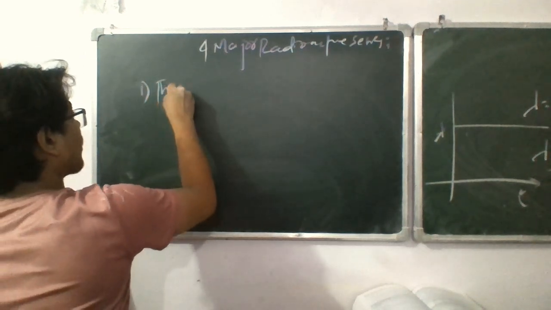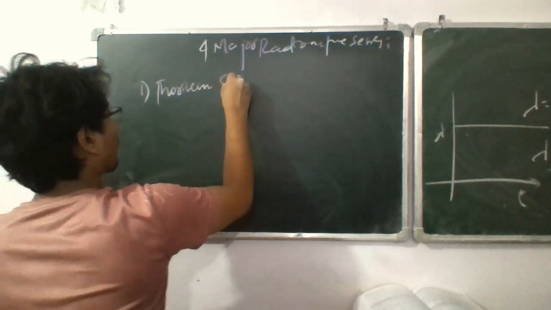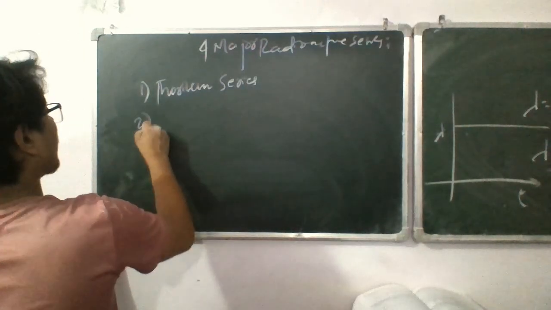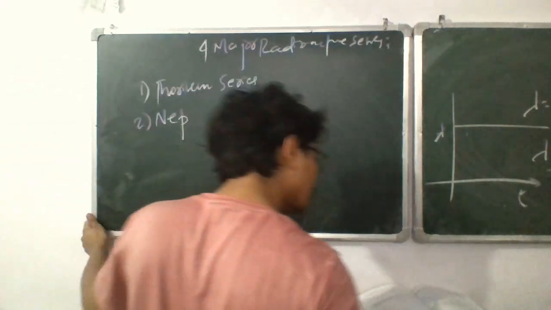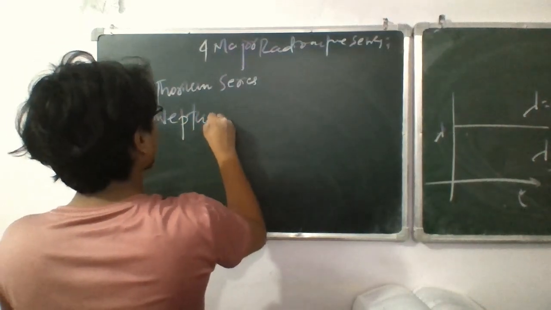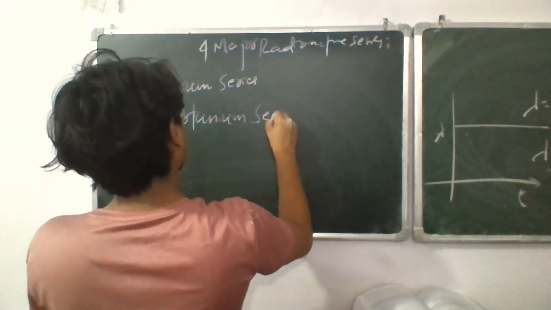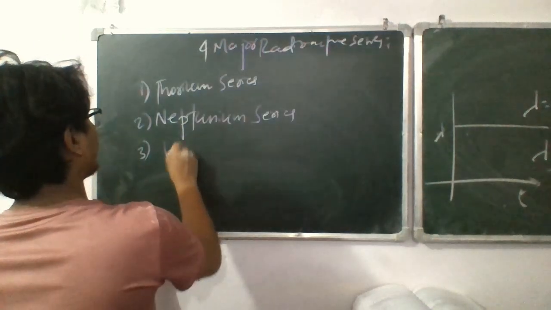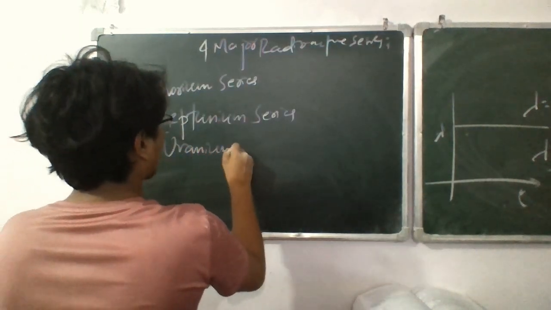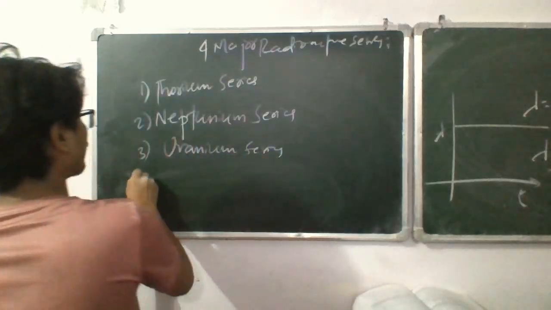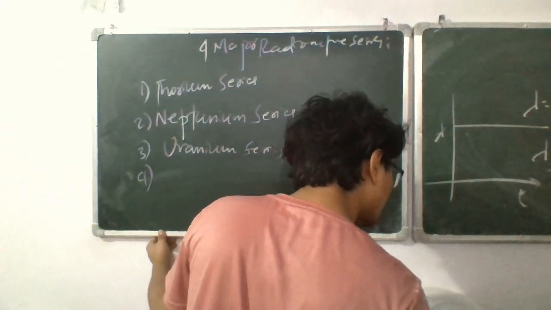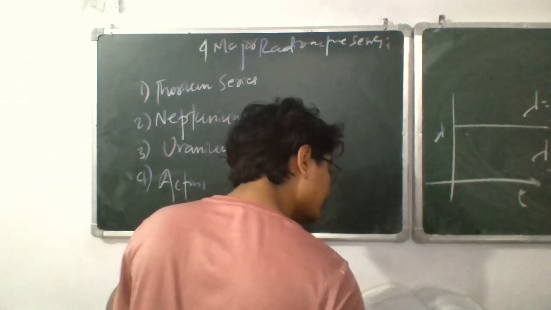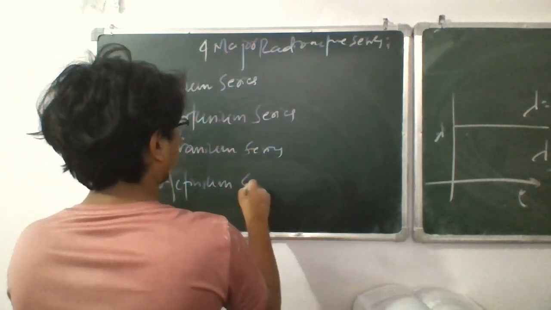First one is the thorium series. Second one is the neptunium series. Third one is the uranium series, and fourth one is the actinium series.